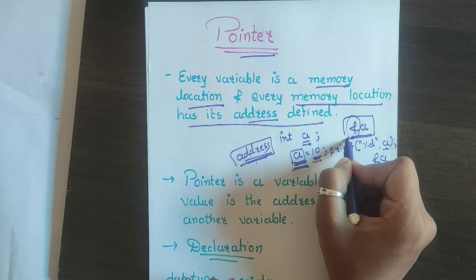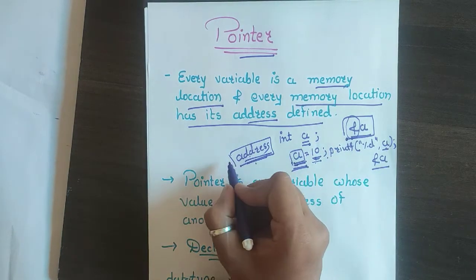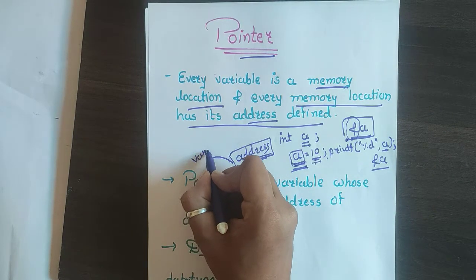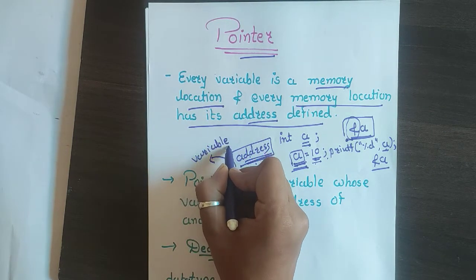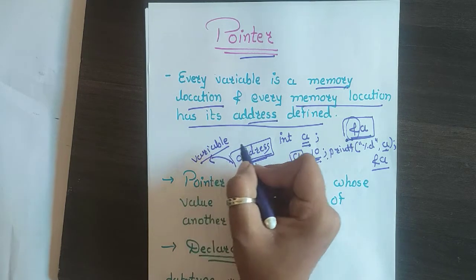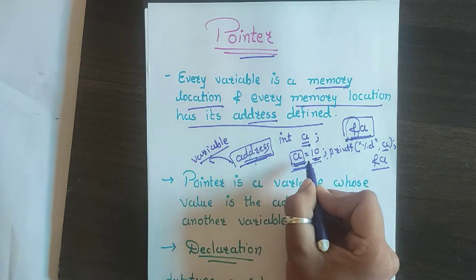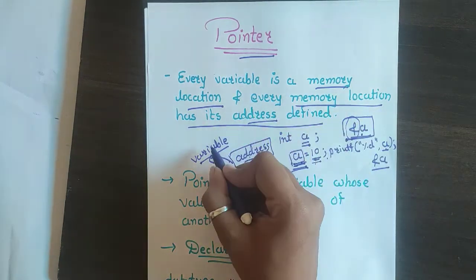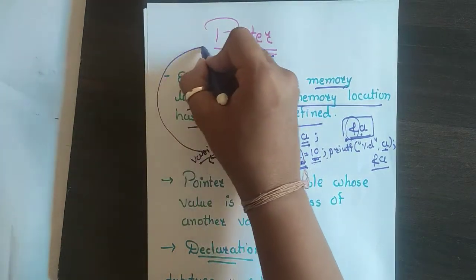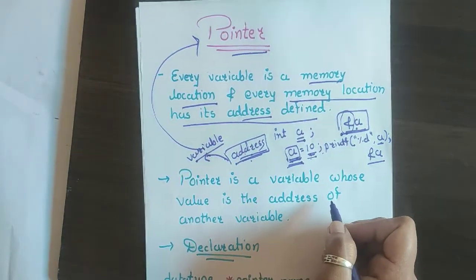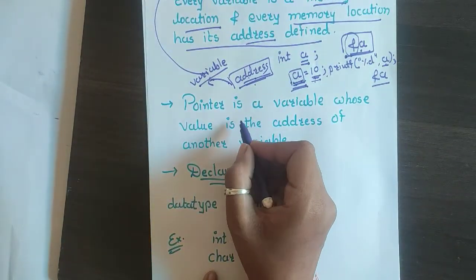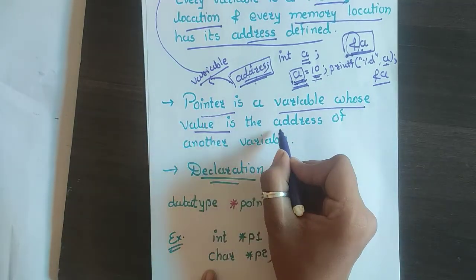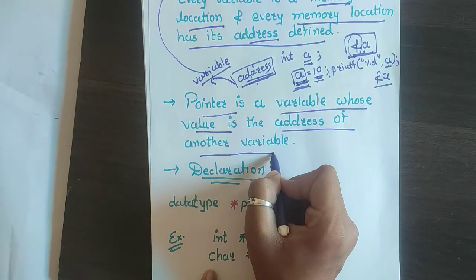In a pointer, what we are going to do is store the address of one variable, that is &a, in another variable, and that is known as a pointer. So what is the definition of pointer? A pointer is a variable whose value is the address of another variable.